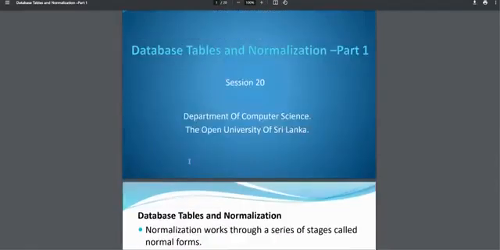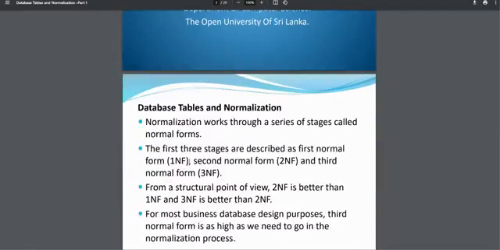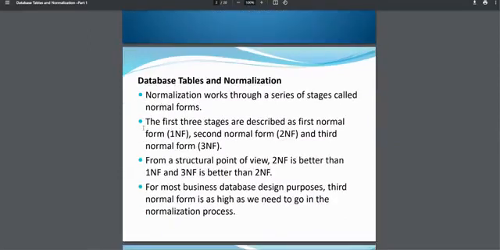Okay, I will start from the beginning again. We started this section on database tables, and we mentioned database tables and normalization.